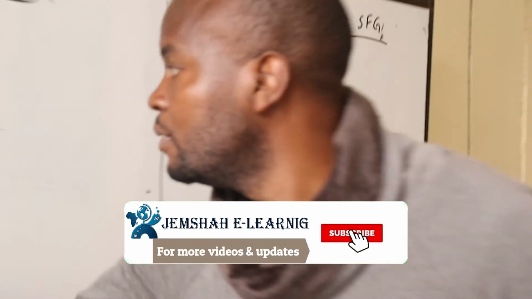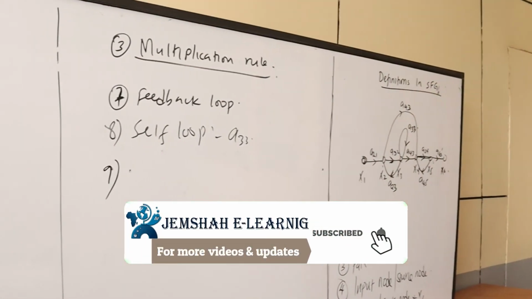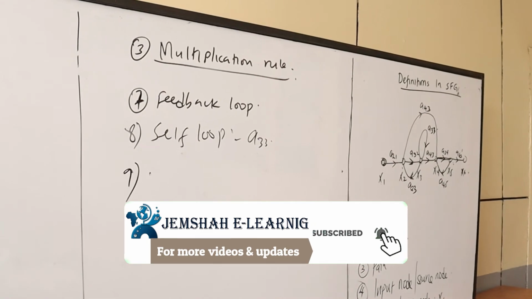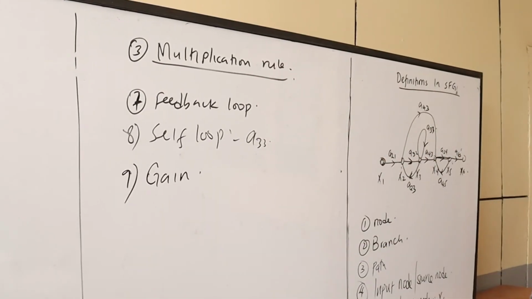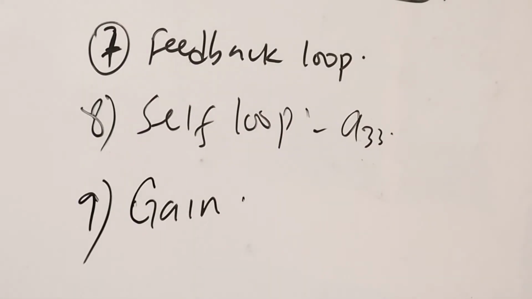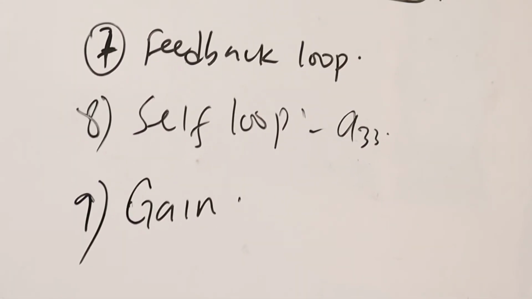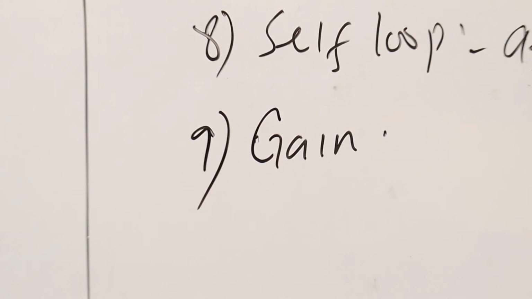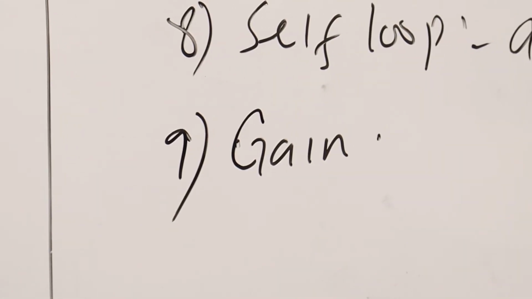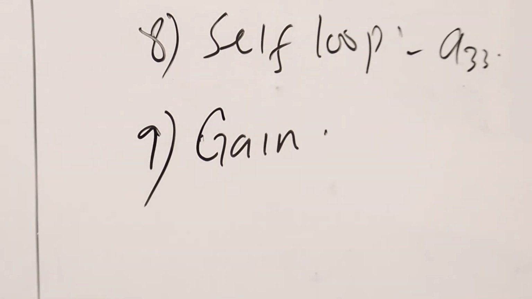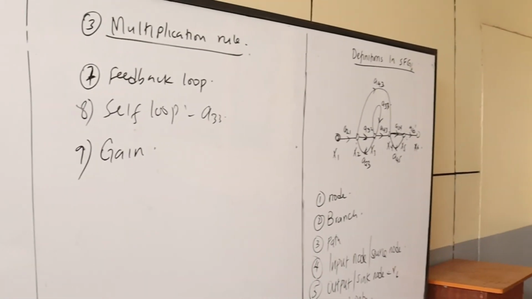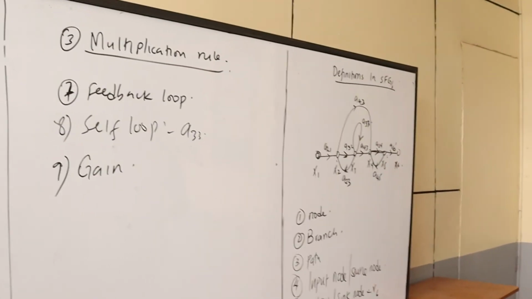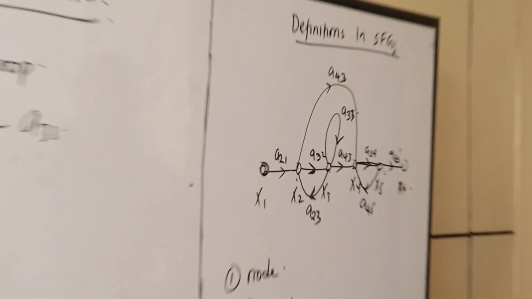Number 9, here we can talk about what we refer to as a gain. So when you talk about the gain of the branch, it is simply the transmittance of that particular branch, where the transmittance or the transmission function is a multiplicative operator. For example, we can have A33 to be a gain.